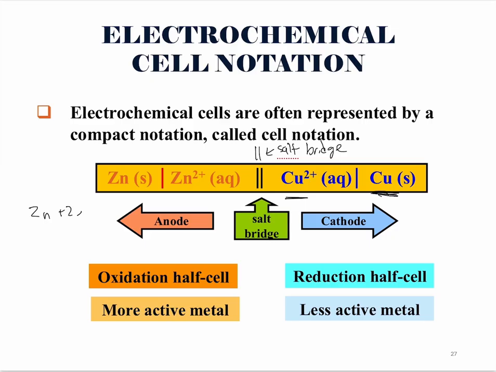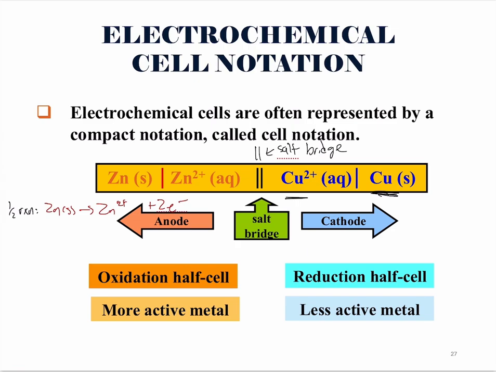We don't write minus. Writing minus 2e is the same thing as adding plus 2e to the product side, right? So the half reaction for this side is zinc solid goes to zinc 2+ plus 2e, right?